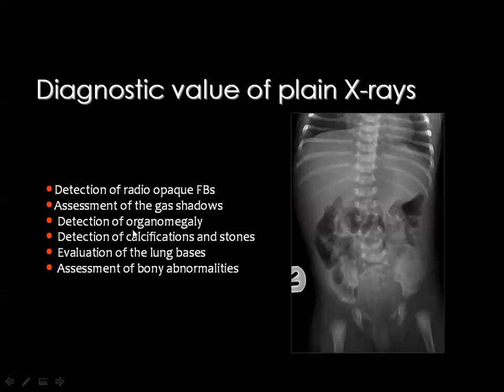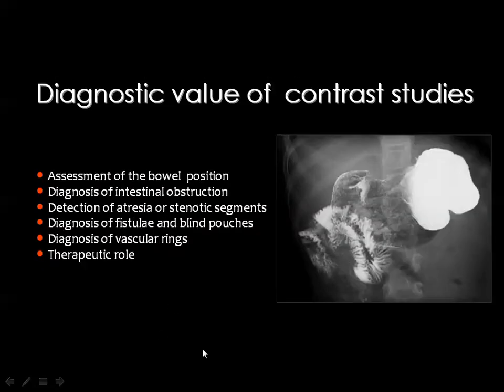It also detects organomegaly, especially whenever the liver or the spleen is enlarged. It detects calcifications and stones, and can also help in the evaluation of the lung bases, which may provide a clue for many of the abdominal pathologies. Also, it can show bony abnormalities, which can help in the diagnosis.